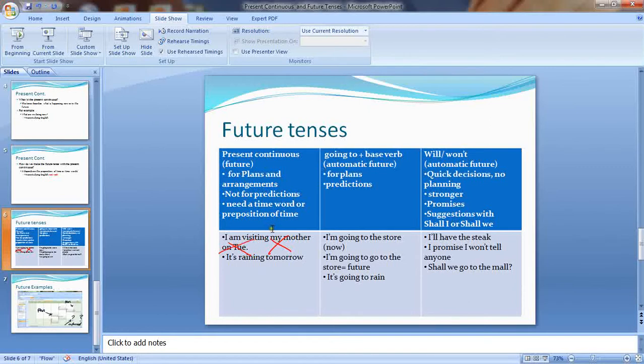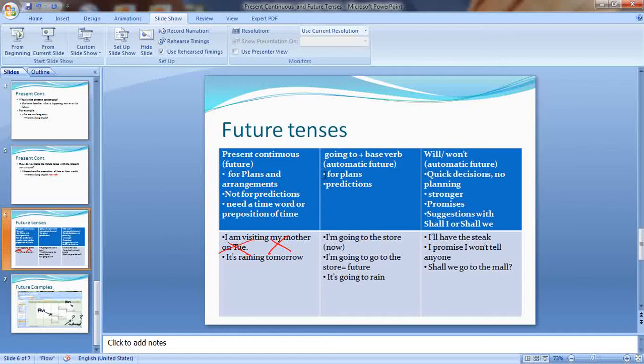Okay, I have a chart here with the different ways to describe the future. Alright, the present continuous and going to plus base verb are very similar. They're for plans and arrangements. For plans, basically. What is a plan?